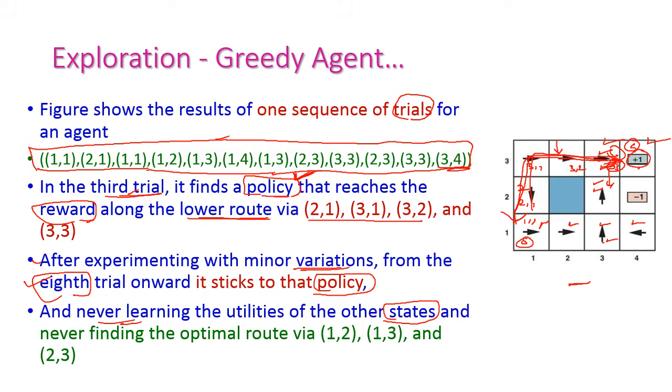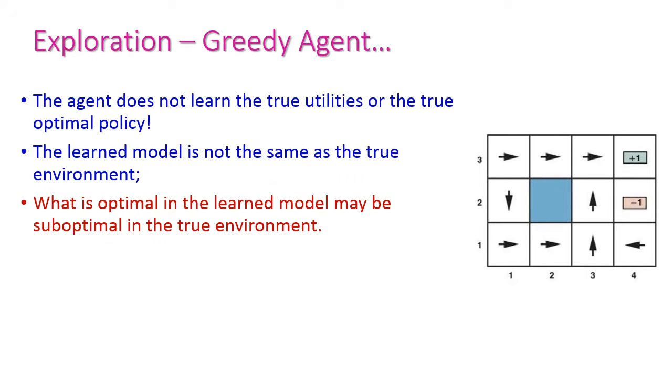In another way also we have one optimal route. If the agent moves in this way, here also we can find the optimal route, isn't it? But once the agent finds a particular policy, then it cannot come out of that policy. The greedy agent does not learn the true utilities or the true optimal policy. Based on the reward, it sticks to that particular policy and cannot come out. The learned model of this greedy agent is not the same as the true environment.